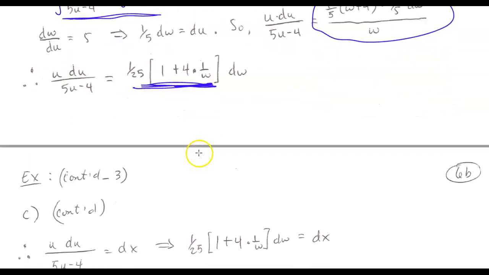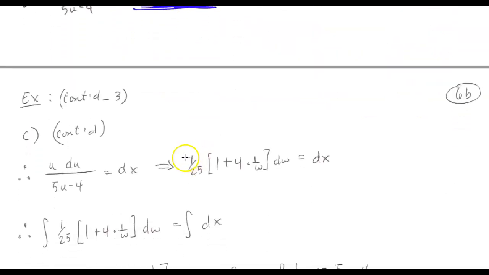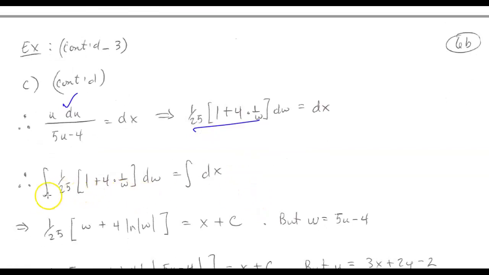All right, so now to finish up, we have the left side and the right side of our equation now rewritten in terms of u and x. And of course it's separable, everything with x on one side, everything with u on the other. And went ahead and replaced this with the 1 over 25 times 1 plus 4 times 1 divided by w.